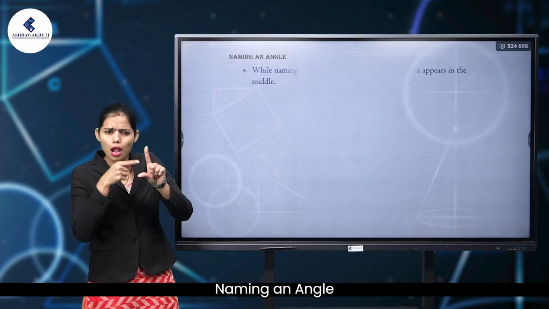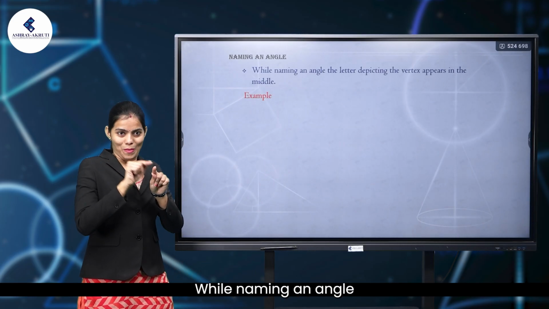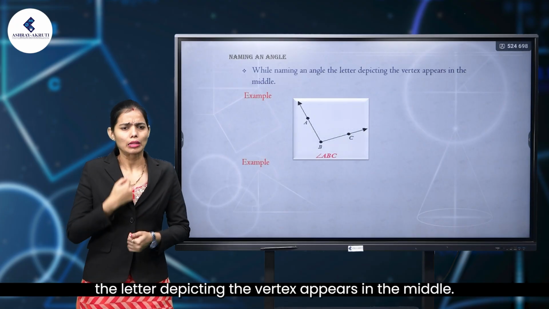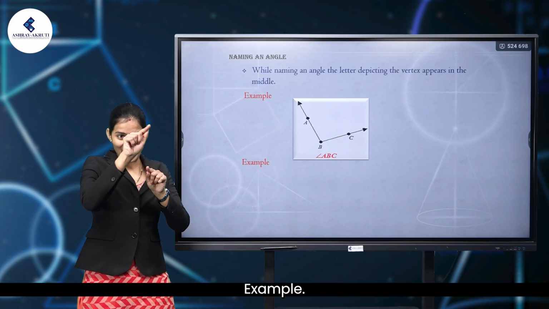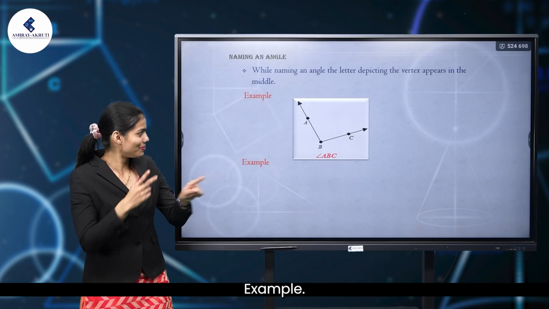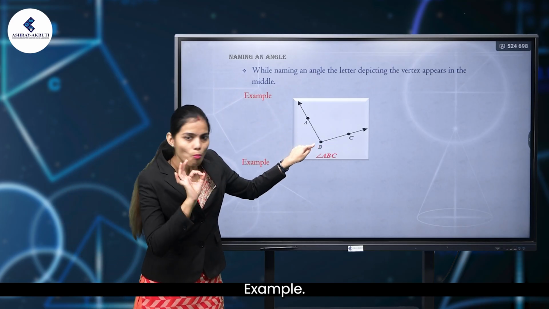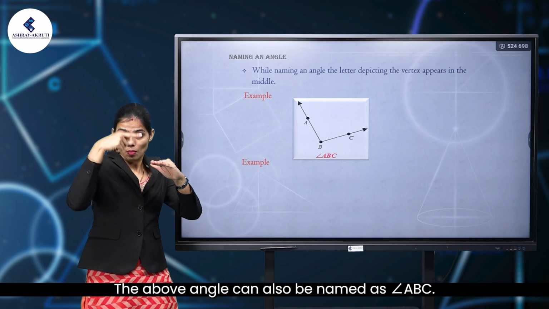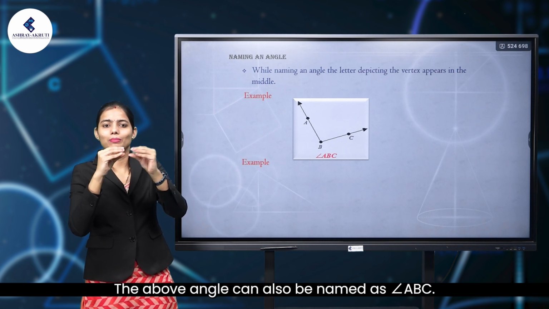Naming an angle. While naming an angle, the letter depicting the vertex appears in the middle. Example. The above angle can also be named as angle ABC.